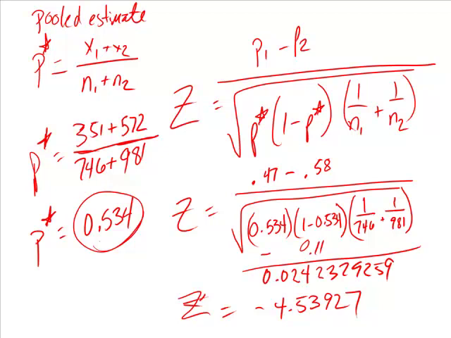What's the critical value that tells us whether or not we reject the null hypothesis? You shouldn't look at any table. You should have memorized this in the last 6 weeks. 1.96. Okay? If you get a z-score that's greater than 1.96, you can reject the null hypothesis at the 0.05 level.